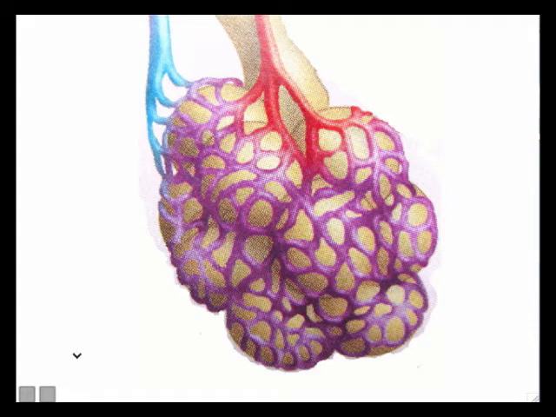Notice the color change, because remember that oxygen-rich blood is bright red in color, and low oxygen blood is blue in color. So the blood that's flowing in here is low oxygen, and then as it flows through these capillaries and picks up oxygen from the alveoli, it gets this nice, bright, oxygen-rich red color as it flows away from the alveoli.